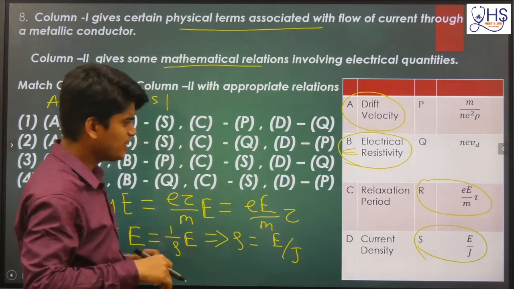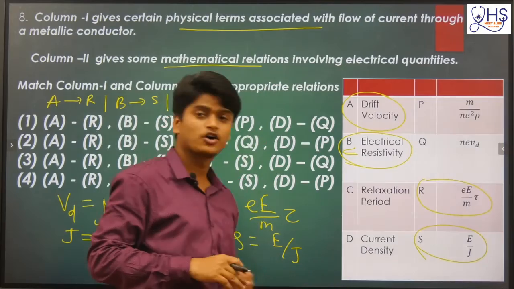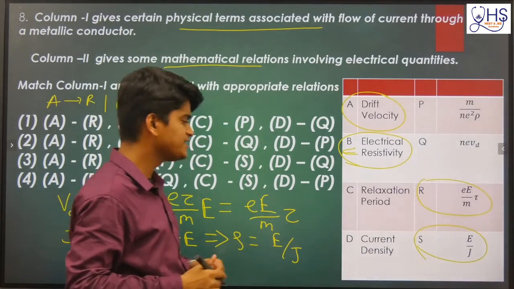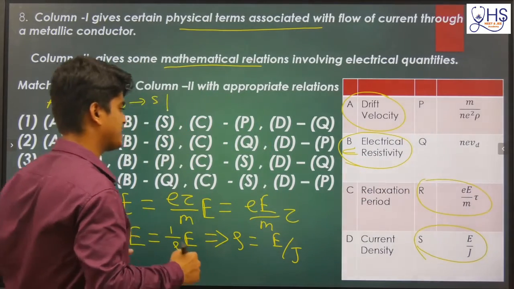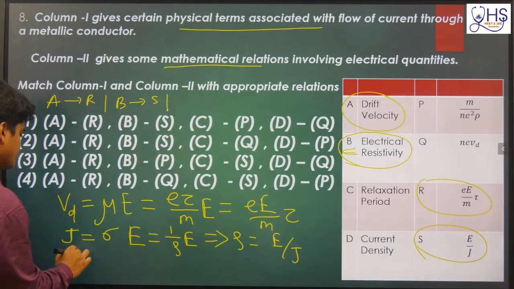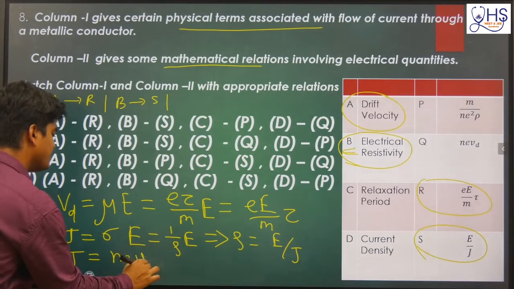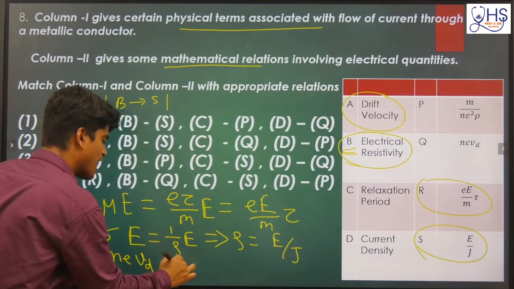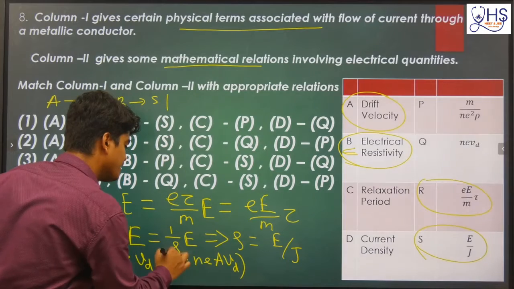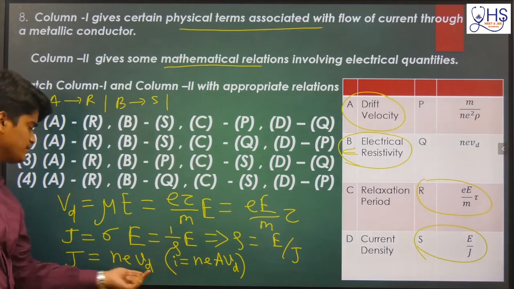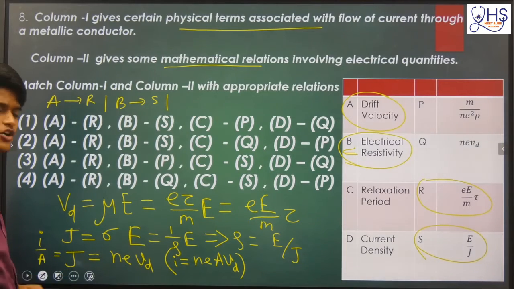Okay. Now here it is given relaxation period, and option D is given as current density. Current density is easy, you don't need to find the relaxation period. Current density J is written as n e v_d. It comes from the formula we already know, I equal to n e A v_d, and if I take the area to this side, it becomes I by A, which is J, the current density.